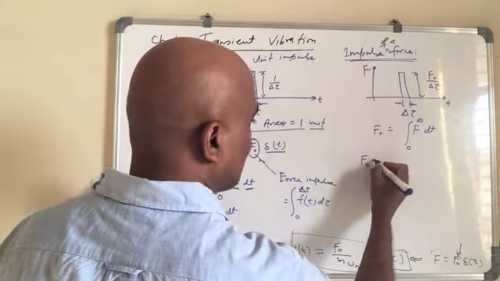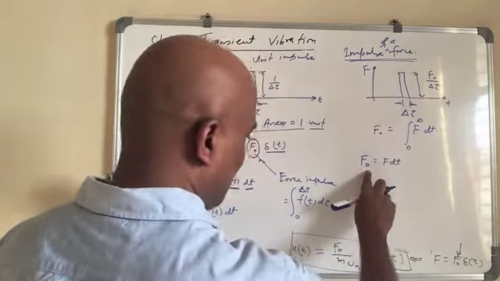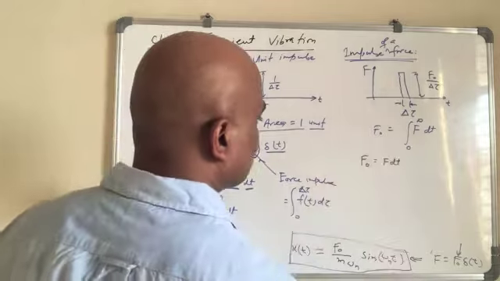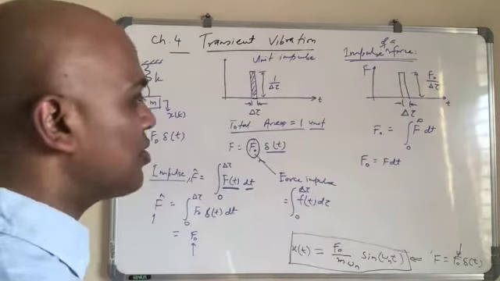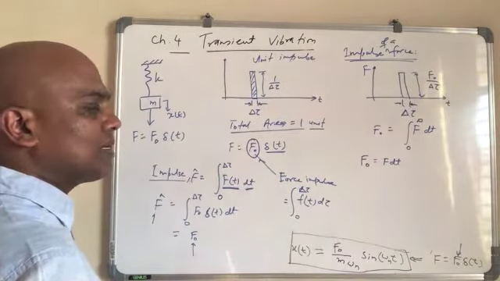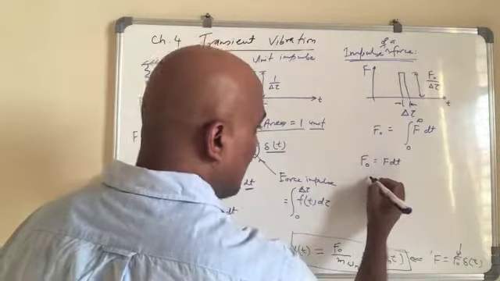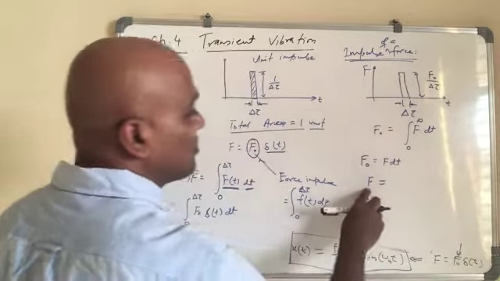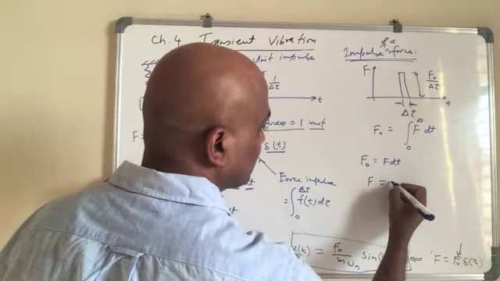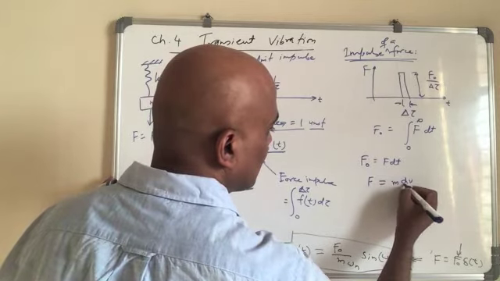If that is the case, F naught is equal to the integral of F dt. We know that F equals m dv over dt.